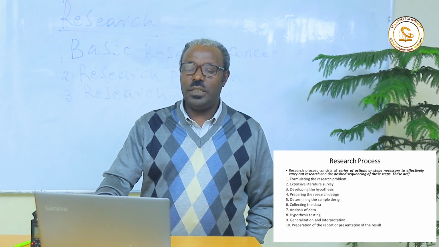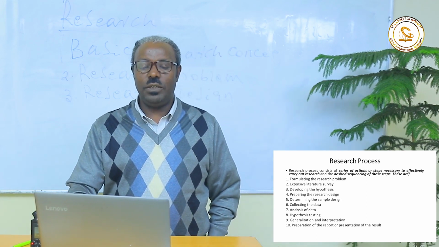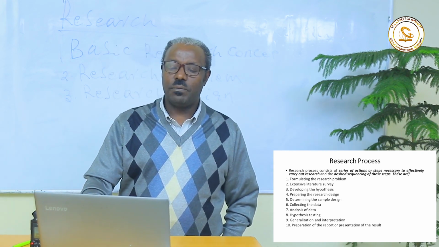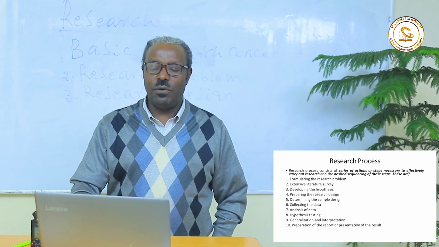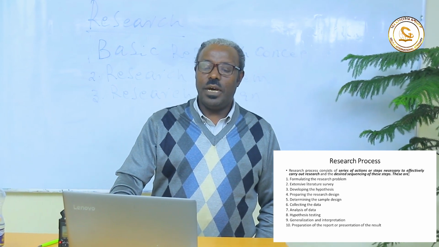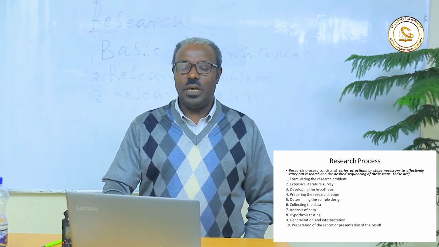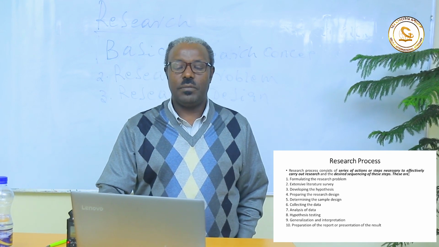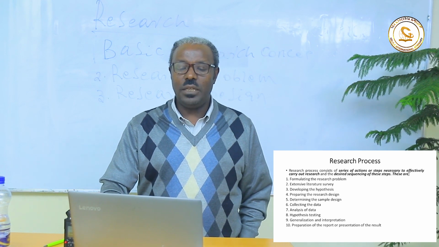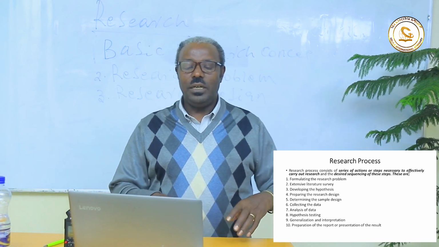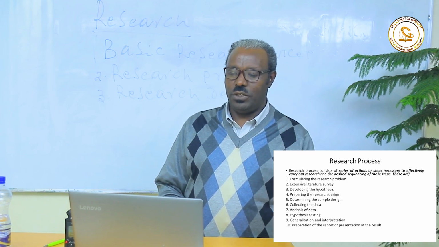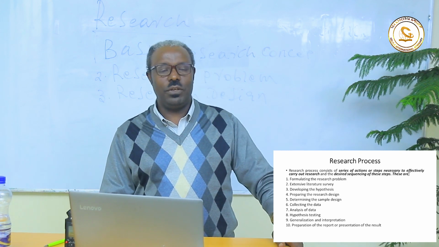We discussed the classification of research, and the types and objectives of research, the classification based on the process, purpose, and nature. We also discussed the characteristics, the significance, the criteria, and the qualities, all of which speak about what research is. Now, let us come to the process of research.